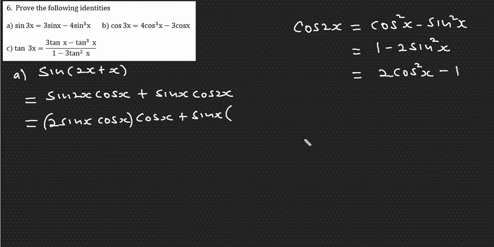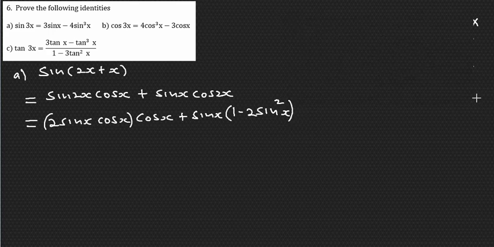So the best identity to use here is the one which is having only sine, this one here. So we leave out those which contain the cos, because we need to get a sine on the right hand side. So I will instead use this one here among the three. So I'll have to write 1 minus 2 sine squared x.